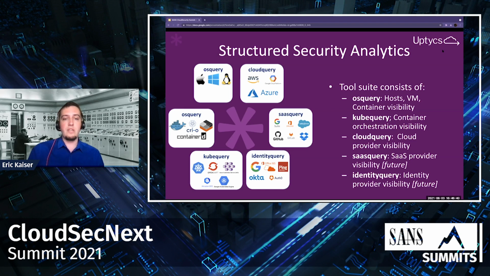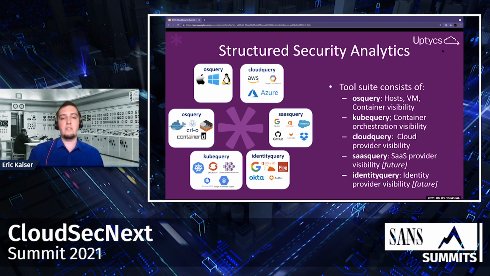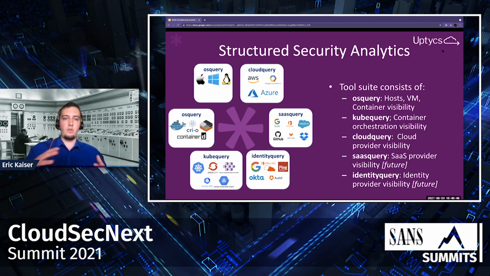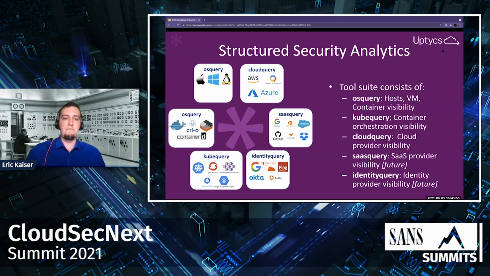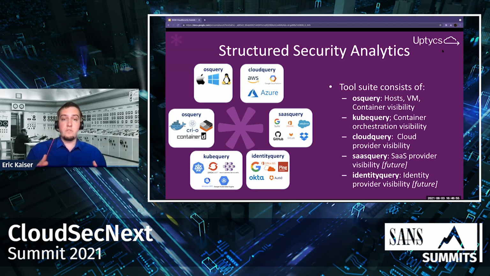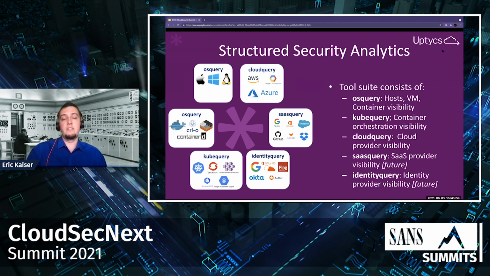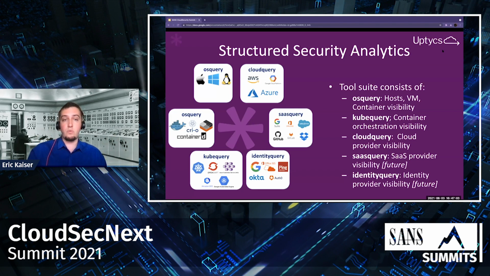Again, being able to use APIs that exist there, transforming that data into something you can write queries against. So the vision here is to take all of the various pieces and very distant workloads and security tooling that you might have and bring that into a single structure, in this case, SQL tables.